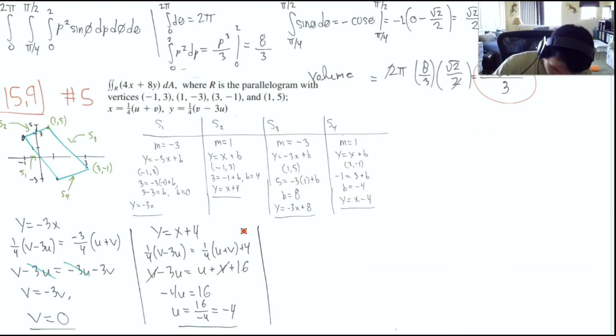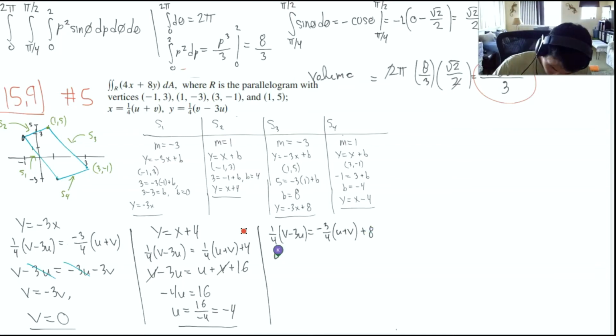We're going to do it again for y. I'm not going to rewrite it. It's right here. We want to do it again for that, which is 1/4 v minus 3u, which is equal to negative 3/4 u plus v plus 8.